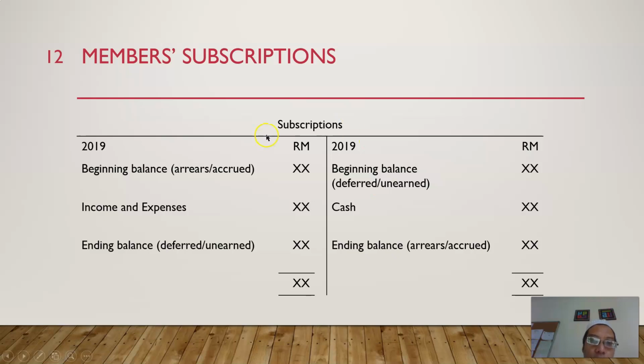If we receive subscription payment this year, but that is for subscription of last year, then we need to debit the subscription account here. So that will be the beginning balance, arrears and accrued.